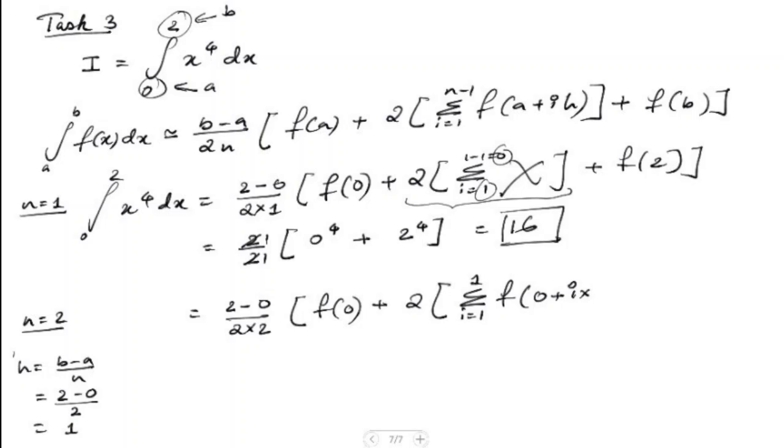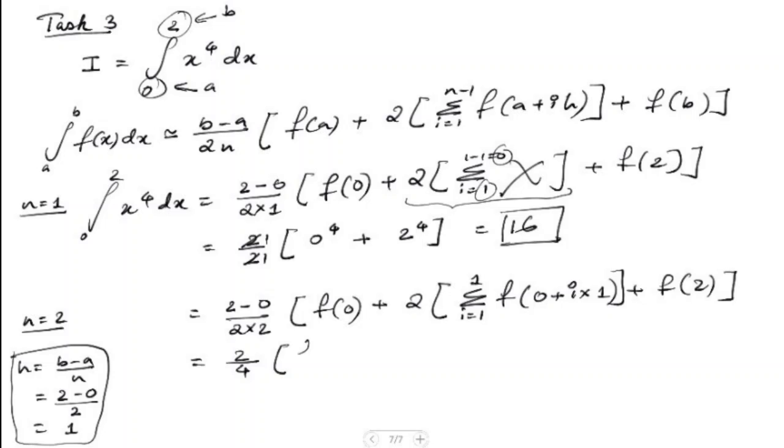So h is equal to 1 when n is equal to 2. Then we have plus f of b, which is 2. If you rewrite this, you have 2 minus 0 is 2, divided by 2 times 2, which is 4, and here you have f of 0 plus 2 times the summation from i equal to 1 till 1, so f of 0 plus 1 times 1, plus f of 2.